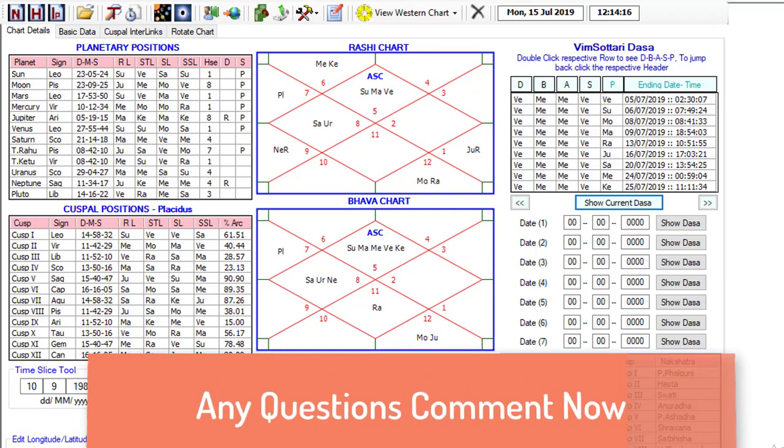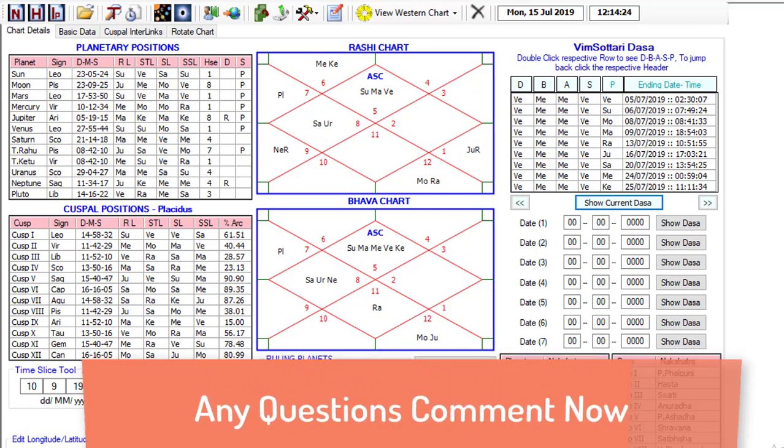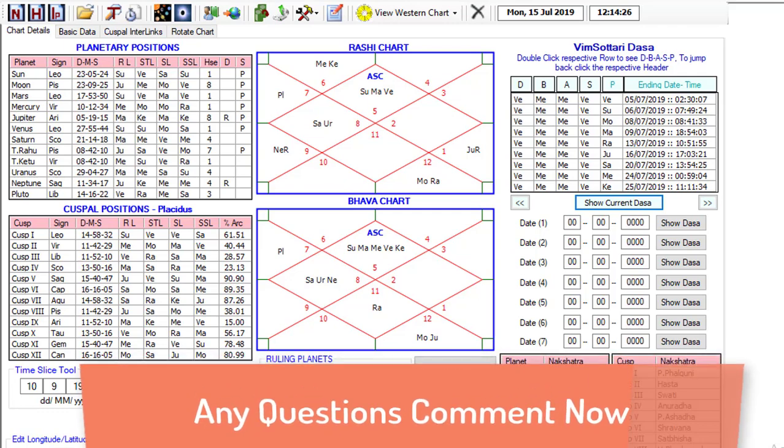So KP astrology moreover depends on nakshatra, or you can say a star. Whenever a planet sits, it is always connected to a particular star, in a particular Rashi. Rashi is equivalent to sign, okay?